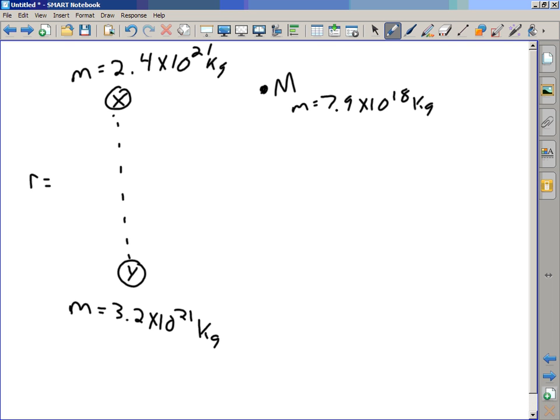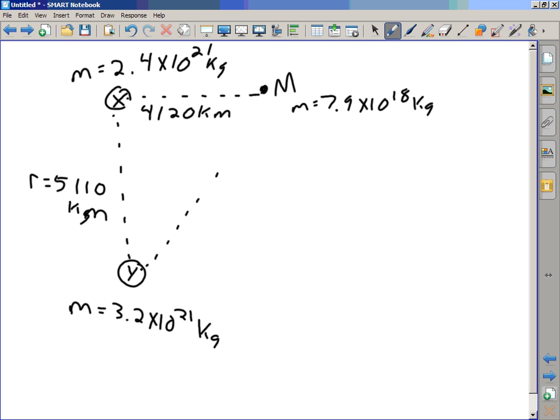Now let's give you some distances. R here is going to equal the distance between X and Y. Is going to end up equal 5,110. That should be in kilometers there. Distance from X to the moon is going to be 4,120 kilometers, right?